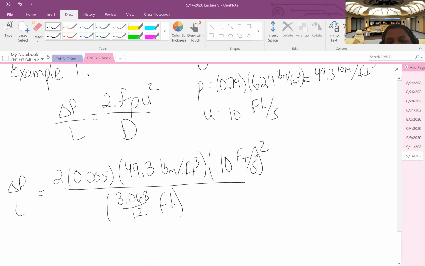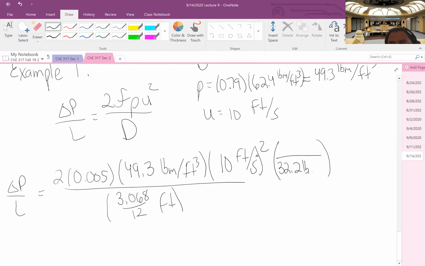So if we do this, we're left with, I believe, pound mass per feet squared per second squared, which means we need to add our G sub C to get it into pound force. So we divide by 32.2 pound mass foot per pound force second squared.